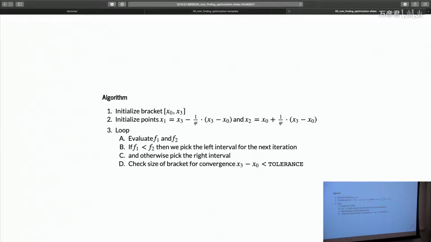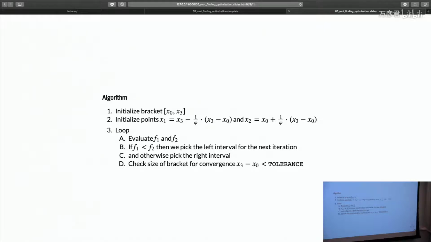Then we enter the loop. We evaluate our bracket criteria. So we figure out whether we're going to use the left bracket or the right bracket, just by evaluating f. And then depending on which one's less than the other, we pick the new set of brackets, with just the one new point that we have to calculate.